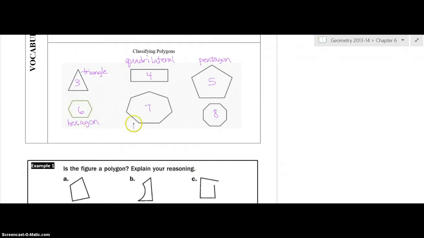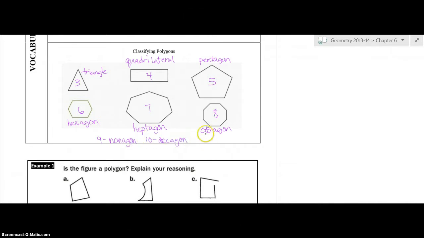With 7 sides is a heptagon. And 8 sides is an octagon, like a stop sign. If you're curious about 9 sides, that's a nonagon. 10 sides is a decagon.